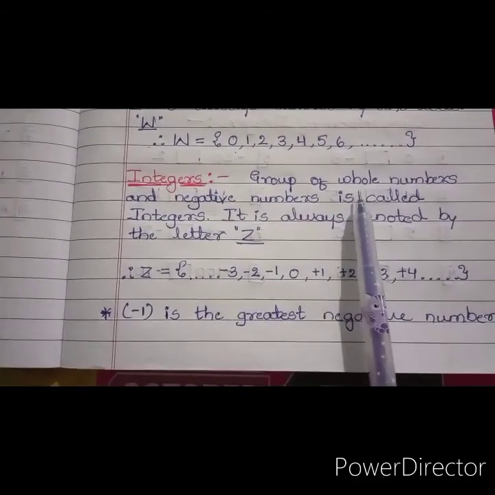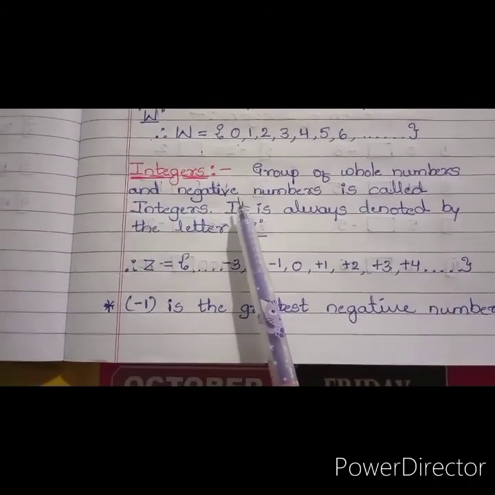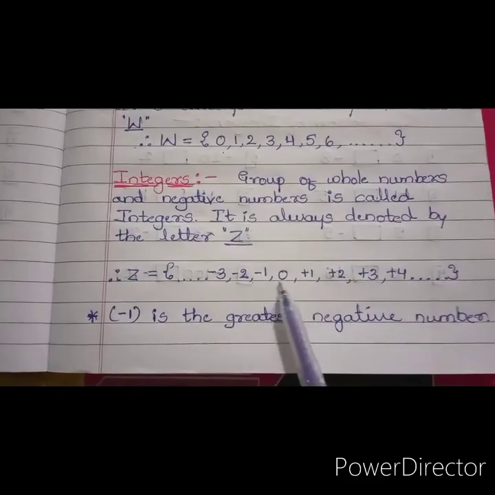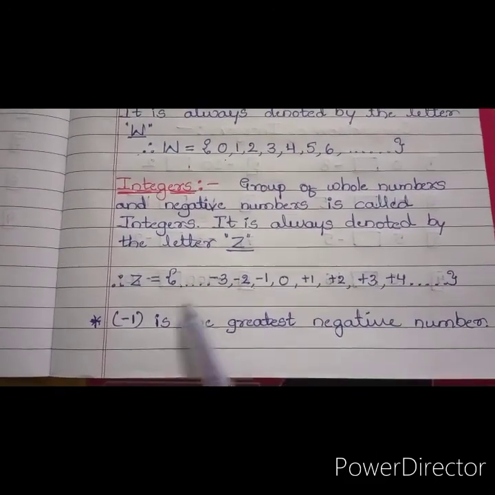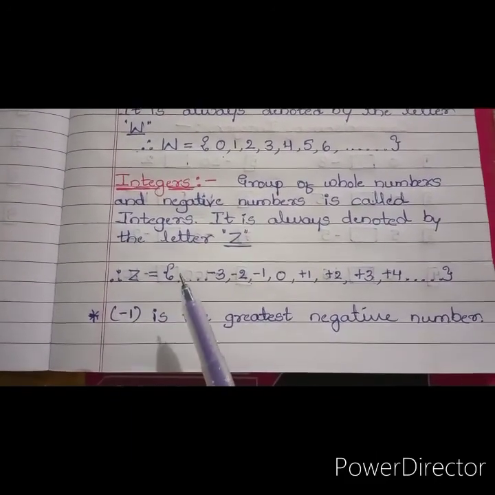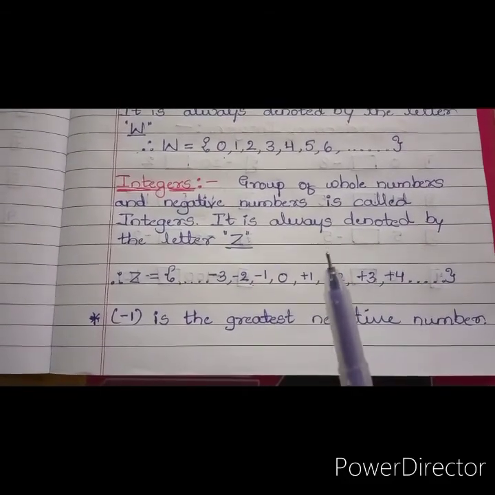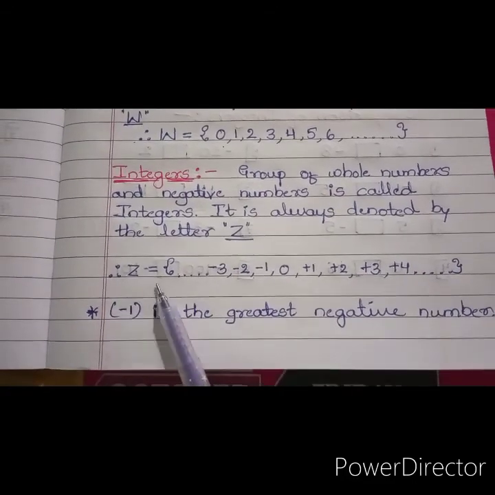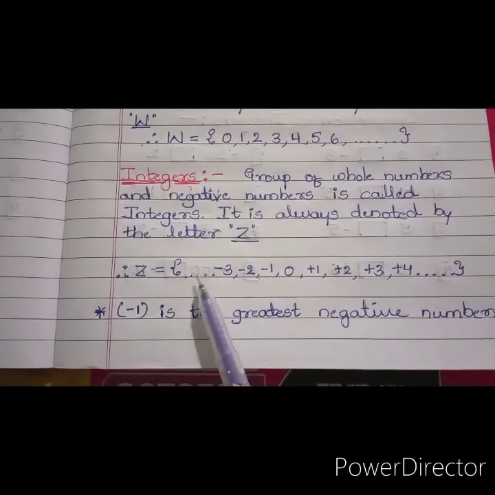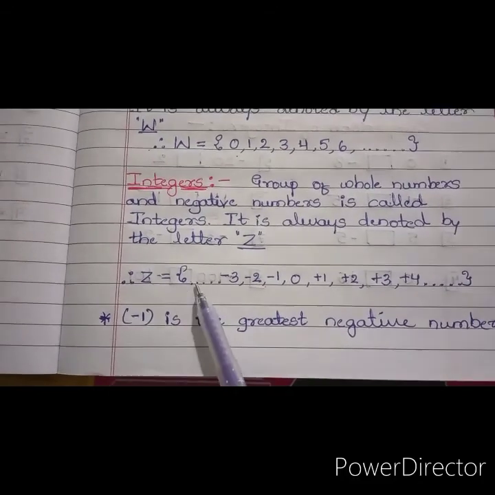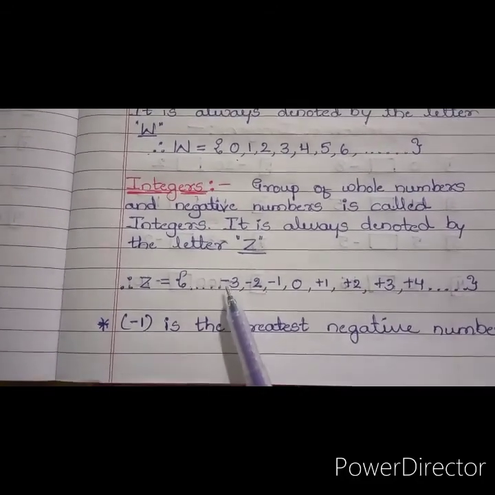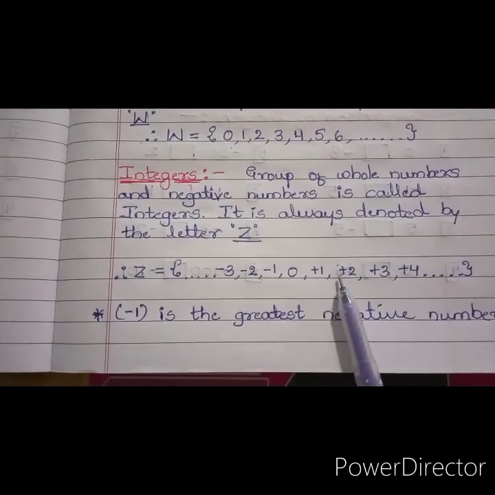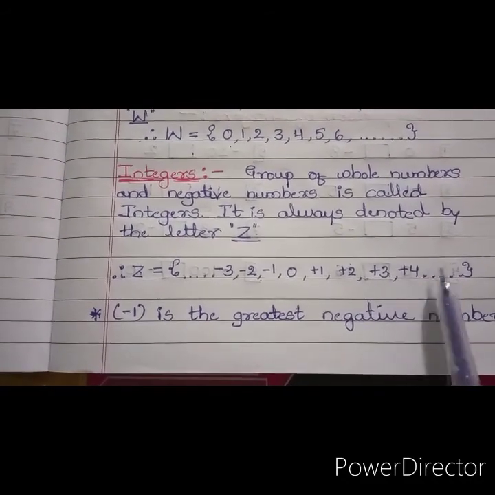Here whole numbers are there, and along with that negative numbers are also there. Integers are always denoted by the letter capital Z. Therefore Z equals, see here children, minus 3, minus 2, minus 1, 0, plus 1, plus 2, plus 3, plus 4 and so on.